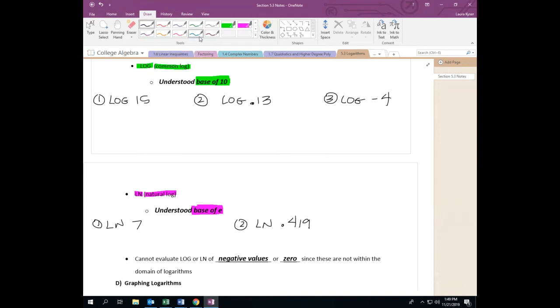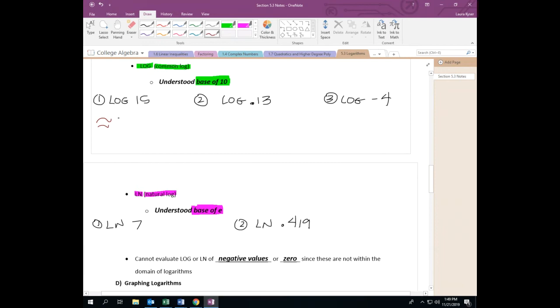So where it says log, you're going to push the log button. And the first one I put on here was log 15. Log 15 equals. And it'll tell you in the problem how many places to round to. I normally go to 4 decimal places just for good form. Go wherever it says to.